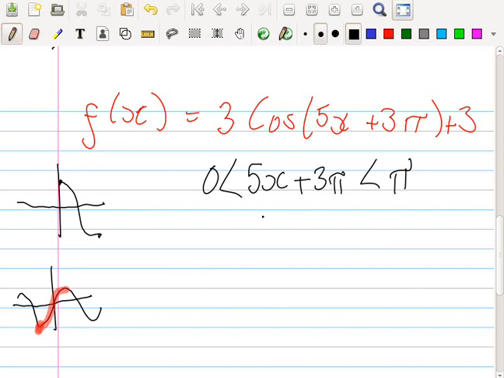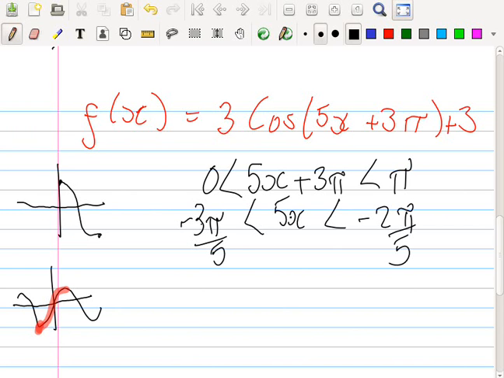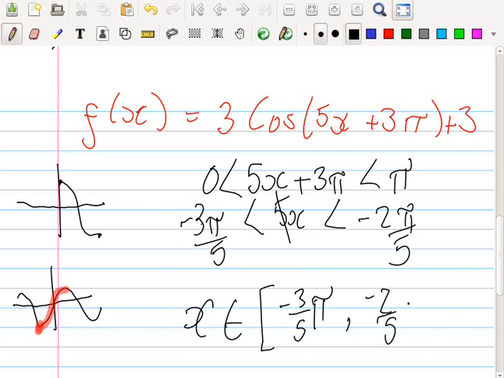Okay. And also, you solved this in semester 1 as well. You take pi away from all sides. Take 3 pi away from all sides. So that's gone. And then here you have minus 2 pi. And then you divide by 5. So there you go. The domain is minus 3/5 pi to minus 2/5 pi. And that is the answer for domain.